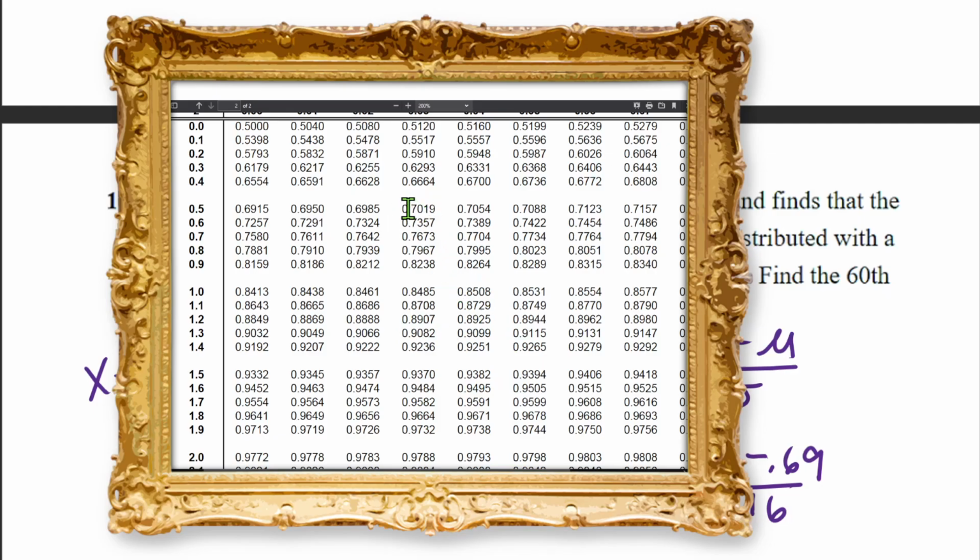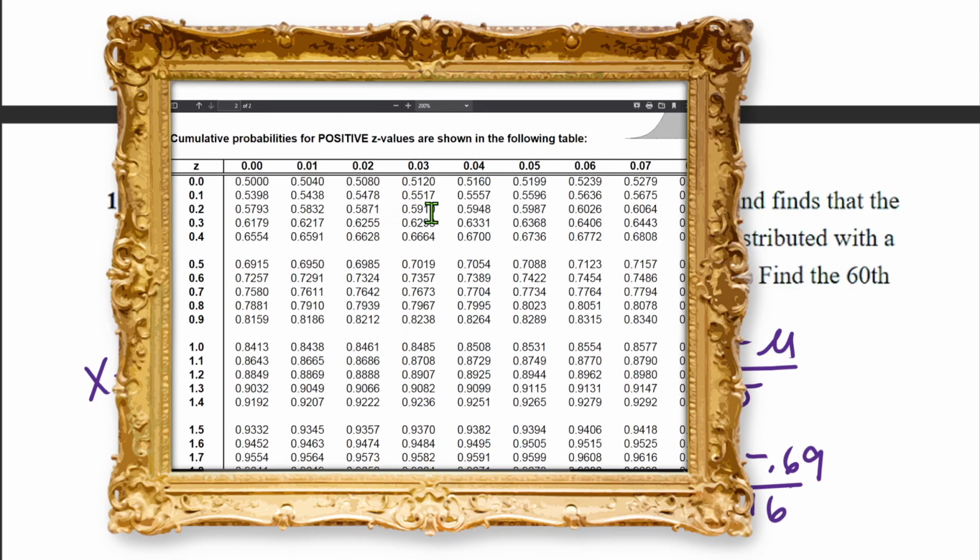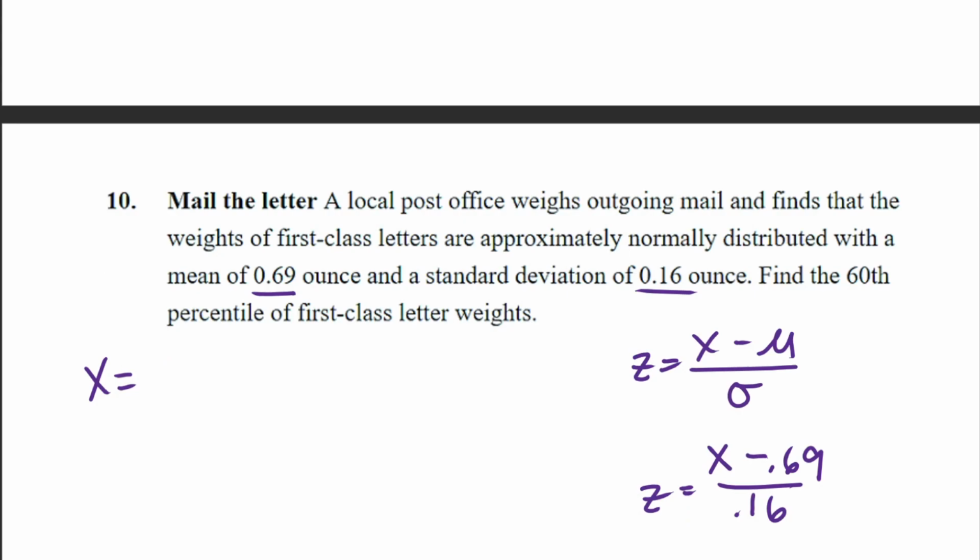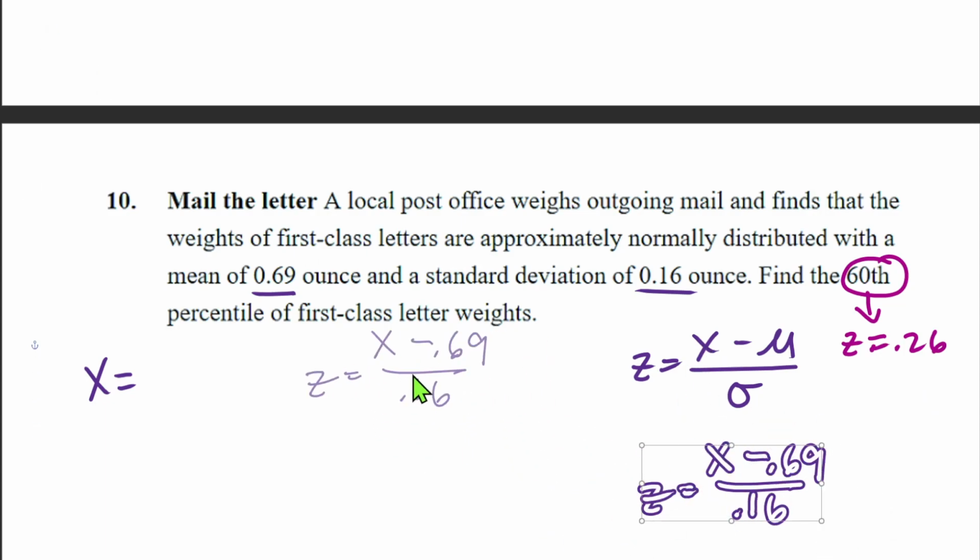Where is 0.60? Oh, we're pretty close already. Right about right here. And that value is 0.26. All right. So when the 60th percentile as a percentile, that z-score is 0.26.